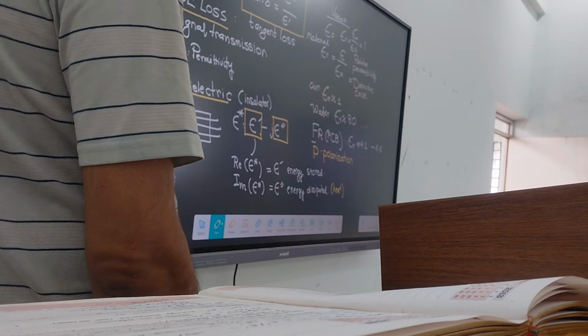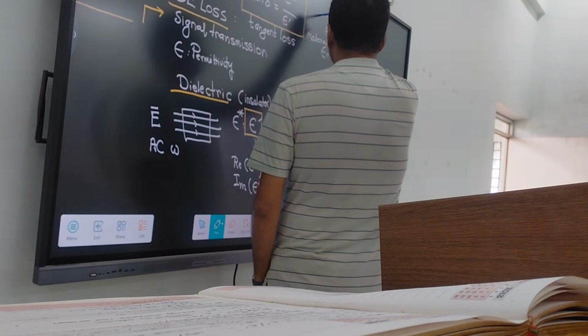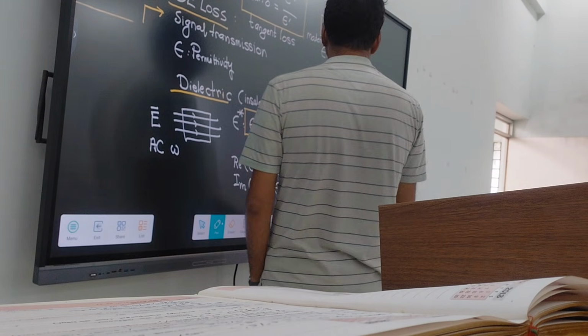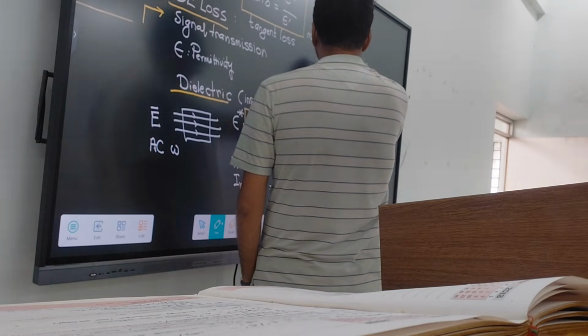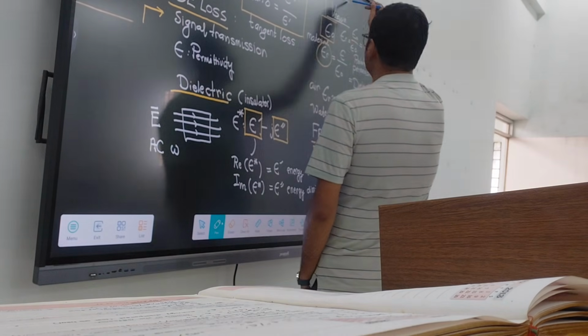These are the things you already know. In free space, in vacuum, we have this absolute permittivity. After that we have the relative permittivity. This is the permittivity of free space.